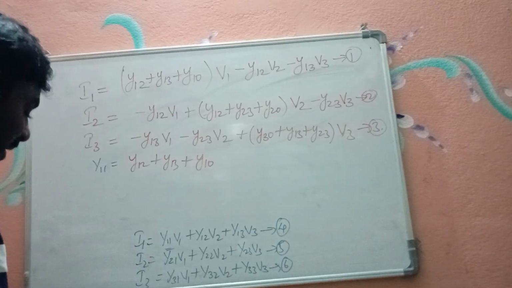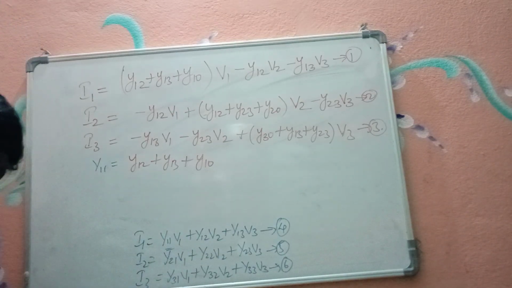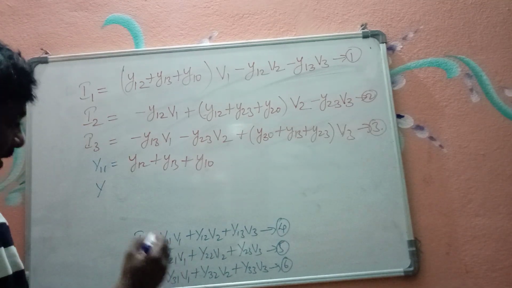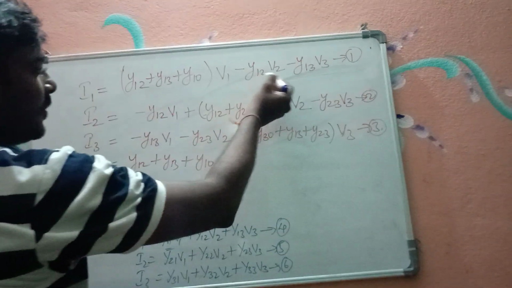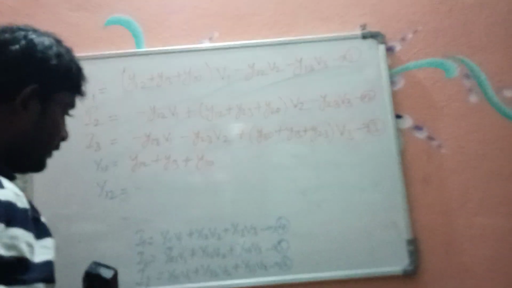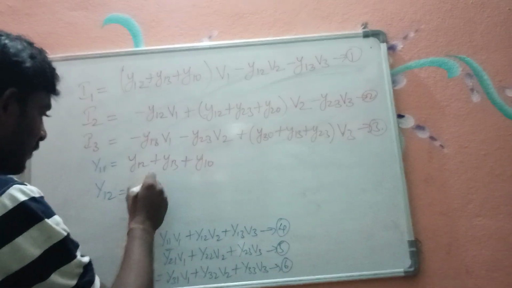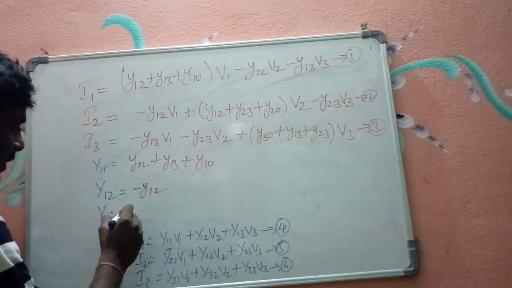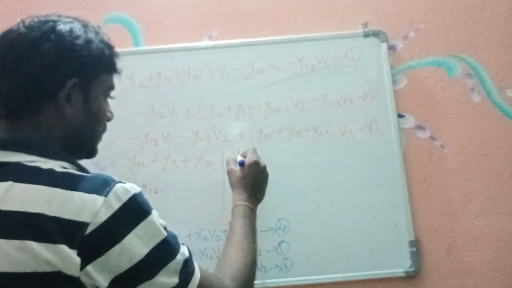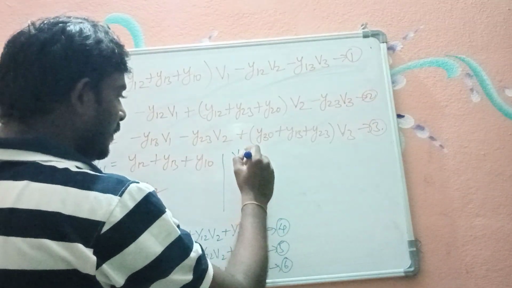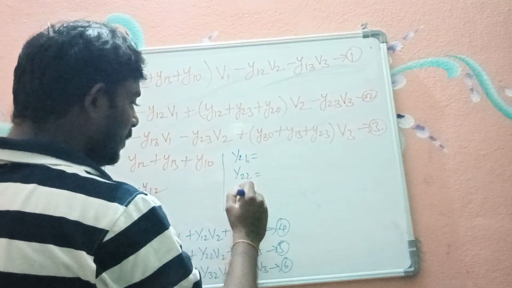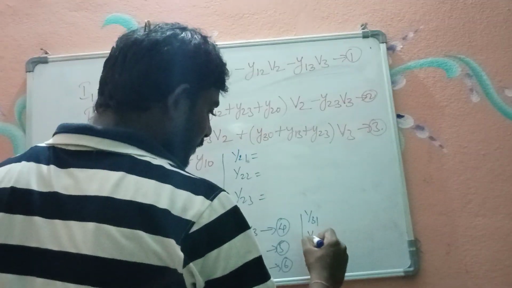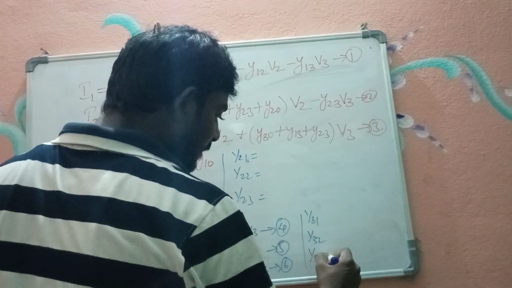And if you compare these two equations, in place of y12 we have minus y12. First I will write all the things, then we will compare easily: y13, next y21, y22, y23, next y31, y32, y33.